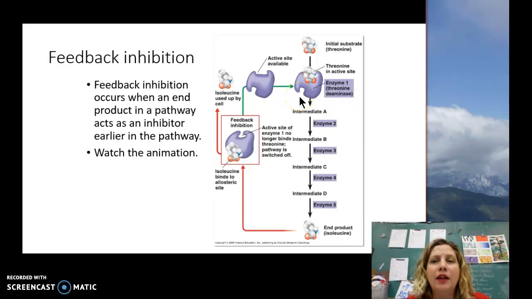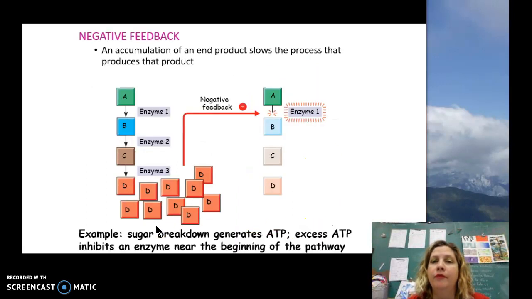It doesn't matter what the actual enzyme is. Here's the initial substrate. As this product goes through, we form this end product. It turns out, though, that the end product is the inhibitor to this initial enzyme. So when this binds in a non-competitive site, it actually turns off the pathway so that no more of the end product can be made.